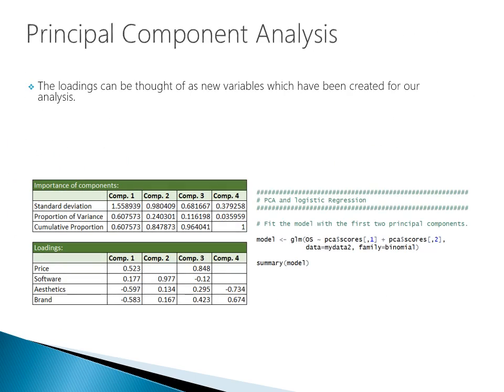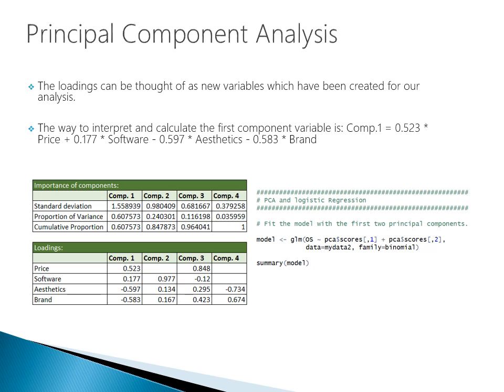The loadings can be thought of as new variables which have been created for our analysis. If you look at the loading figure below, for component 1, we have different values for price, software, aesthetics, and brand. And these are sub-equations you can think of.